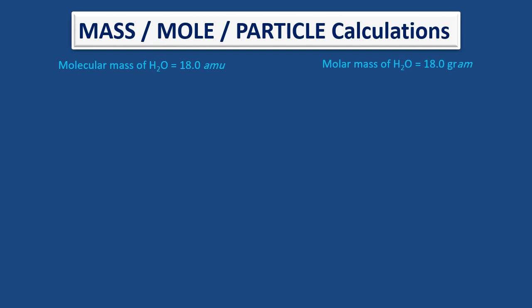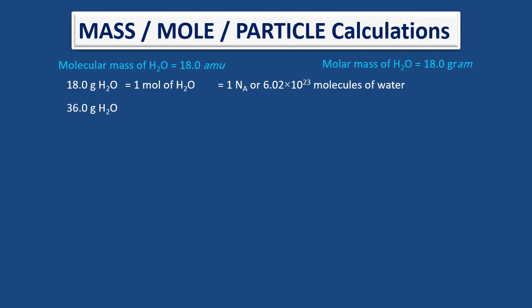You know that 18 AMU is the mass of one water molecule only, while 18 gram of water has Avogadro's number of water molecules, or 1 mole of water molecules. Let's write these observations. 18 gram of water is equal to 1 mole of water, which contains 1 Avogadro's number, or 6.02 into 10 raised to the power 23 molecules of water.